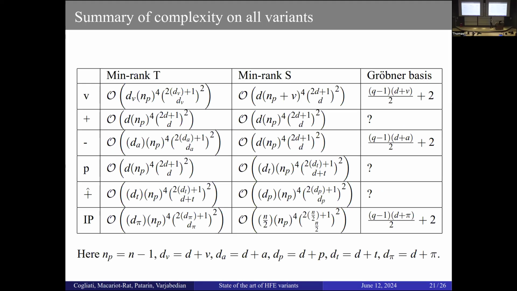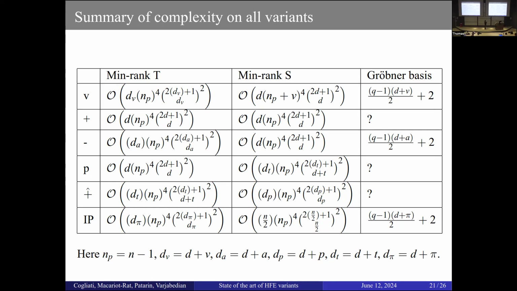So we have made here a summary of all variants that we know on HFE. A lot of them haven't been mentioned earlier. We have projection, plus, hat, and so on. All of them have similar properties. Overall, it's a trade-off.